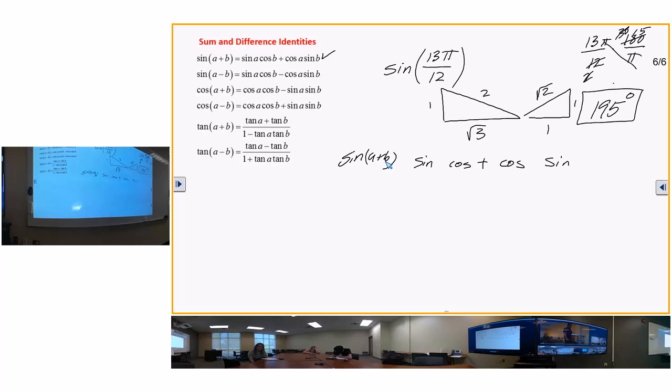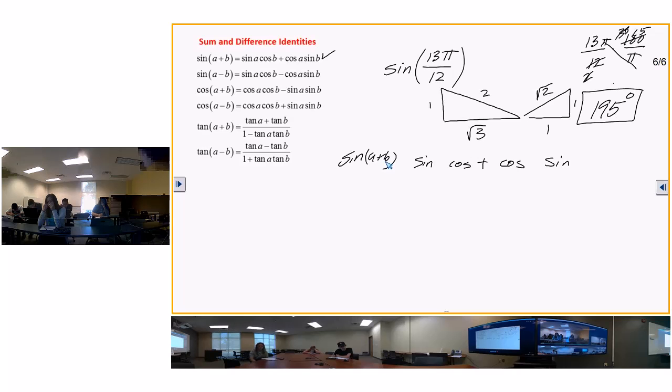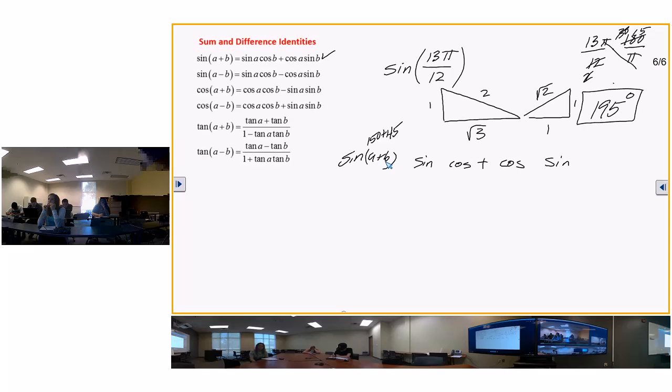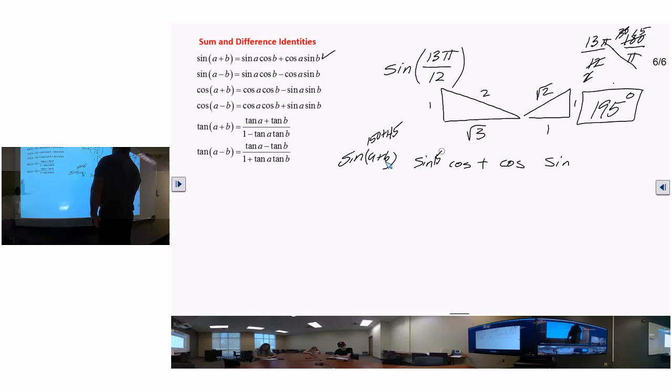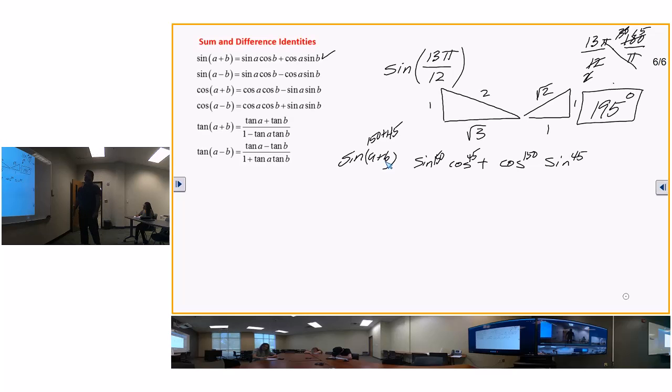And that's going to be what? 150 plus 45. All right, go to it. And remember, which one's negative? Which one? Sine B. The negative square root of 3. Yep.